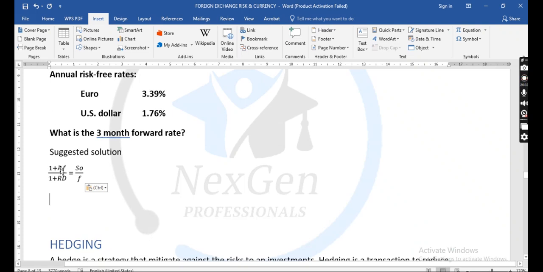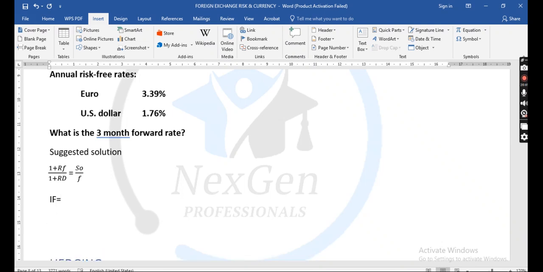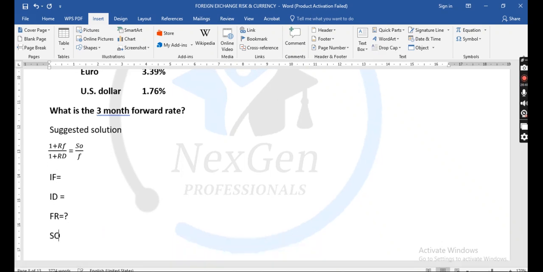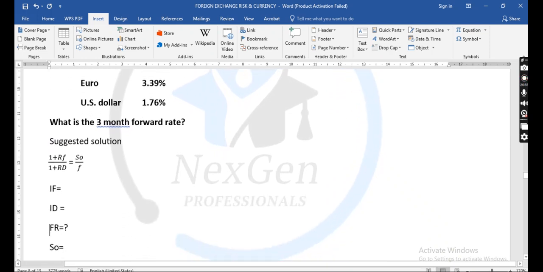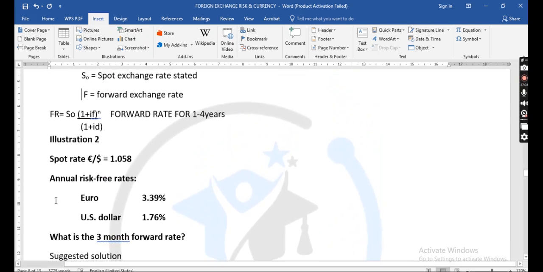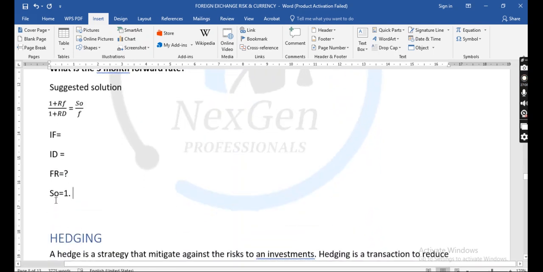IF, ID, FR, SO, which is the spot rate. So what is the spot rate? The spot rate is 1.058, right?